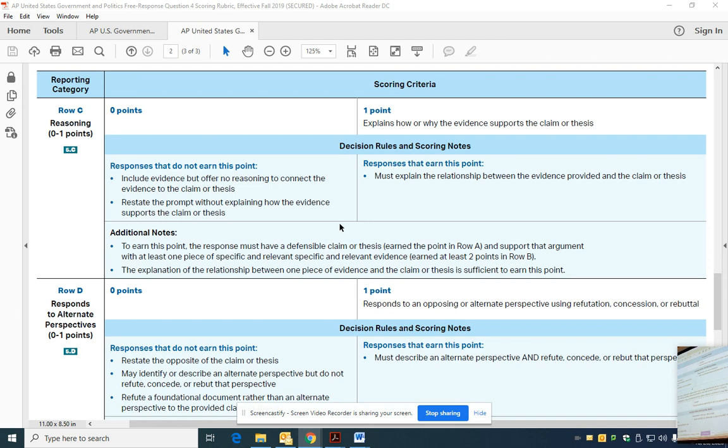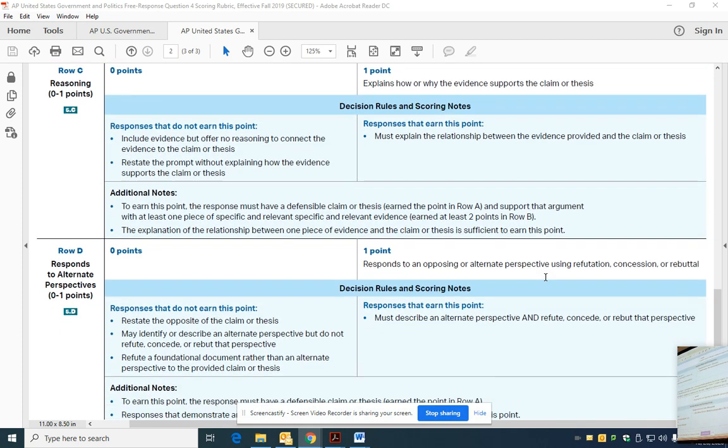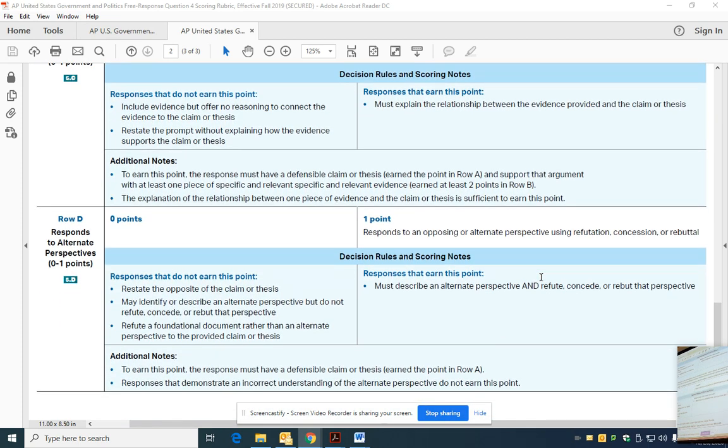And then the last part is responding to an alternative perspective. So you have to address whatever is in the prompt, the other perspective, and you can do refutation, you can concede, or you can do a rebuttal. I don't know why you would concede your point in an argumentative essay.